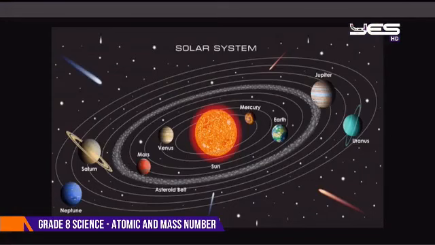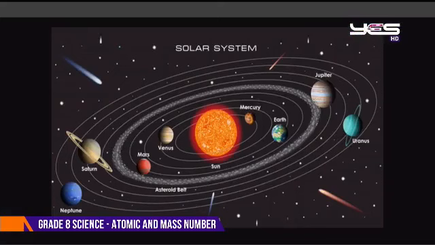Then we can explain about structure of an atom. We can compare the structure of an atom with the solar system. You have an idea about the solar system. In solar system, which one is the central part? The central part is sun. Then around the sun, what is revolving?